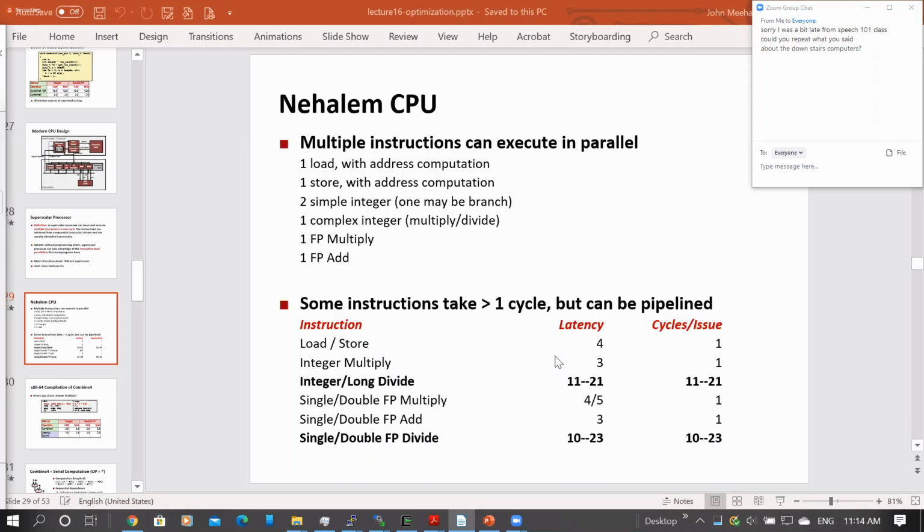Now, division is a weird beast because how many cycles it takes to complete depends upon the data. You've seen this when you were doing your bit twiddling, where you had to deal with rounding and then, oh, well, if I rounded, maybe that rippled all the way across past the binary point and turned that thing into a 2, and then now I've got to change that and move it to the right, and then I've got to adjust this exponent to reflect that.